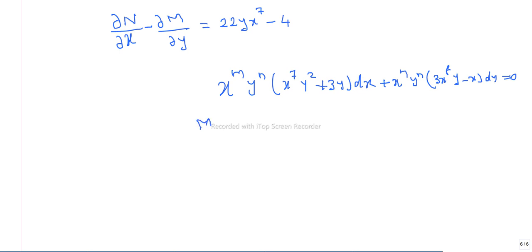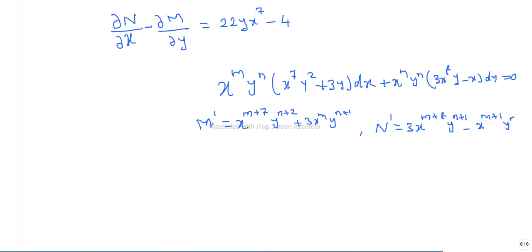M dash is x power m plus 7 into y power n plus 2, plus 3 times x power m y power n plus 1. This is N dash: 3 x power m plus 8 y power n plus 1 minus x power m plus 1 y power n.